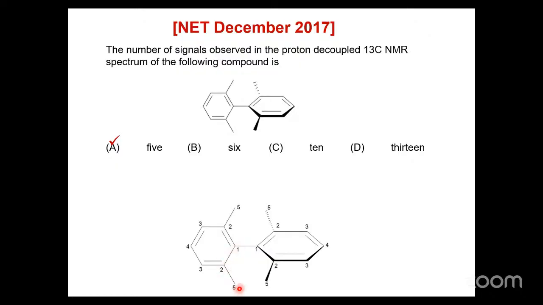This plane divides the whole molecule into two equal halves and hence the number of signals will be reduced to 5. Otherwise, number of carbons is 6 plus 6, 12, 12 plus 4, 16. 16 carbons are there, but number of signals appearing in C13 NMR are only 5 due to the symmetry element.